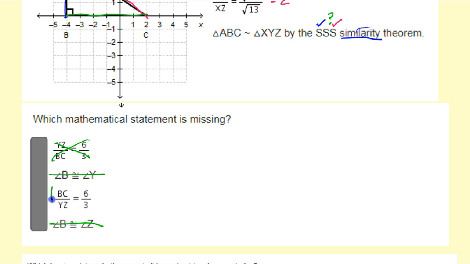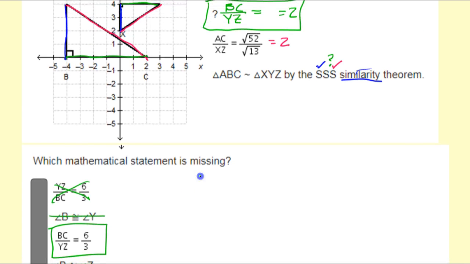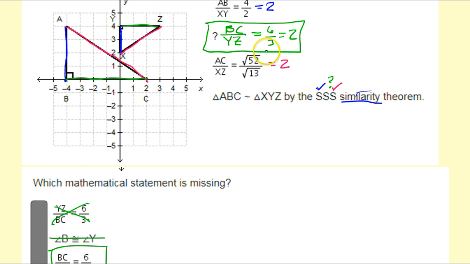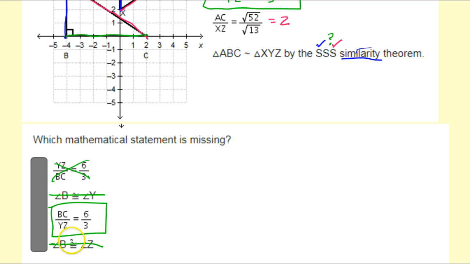So it must be this one. Just like we predicted, it's BC over YZ, and I was looking for something that equals 2, and 6 over 3 does equal 2 like all of the others. So boom, this is definitely the answer.